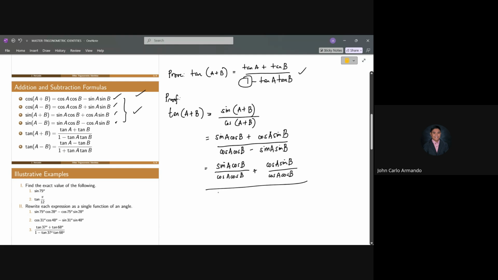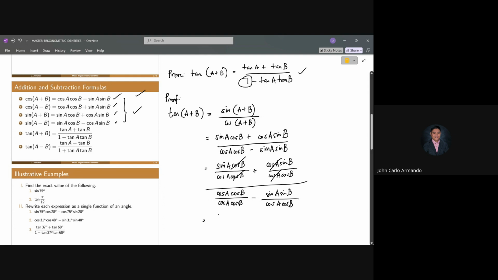Then we have cosine A cosine B divided by cosine A cosine B, minus sine A sine B divided by cos A cos B. Then observe, in the first term, as you can see, we can now cancel cosine B. And in this one, we can now cancel cosine A. And this, okay, so what is sine A over cosine A?